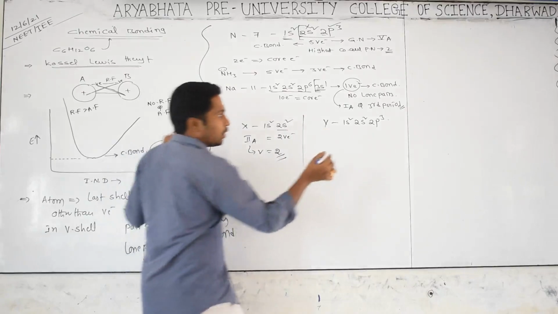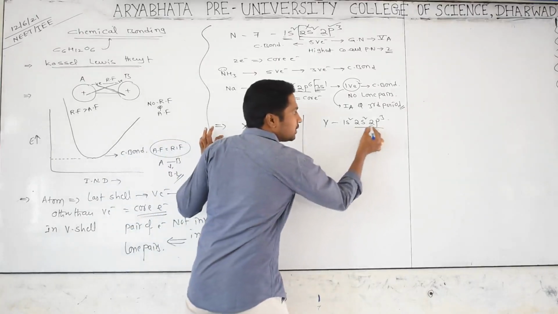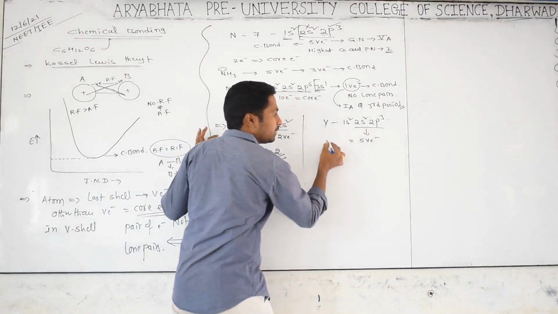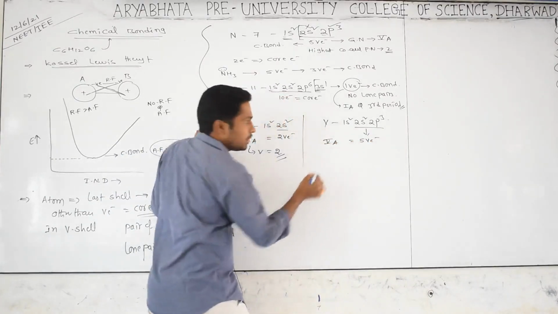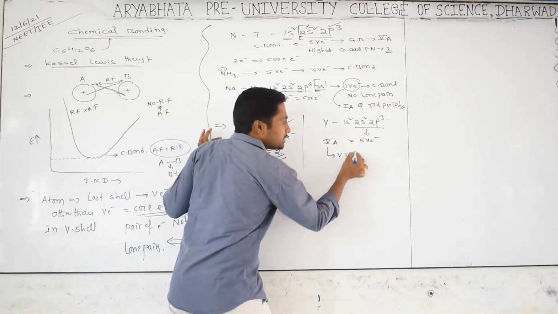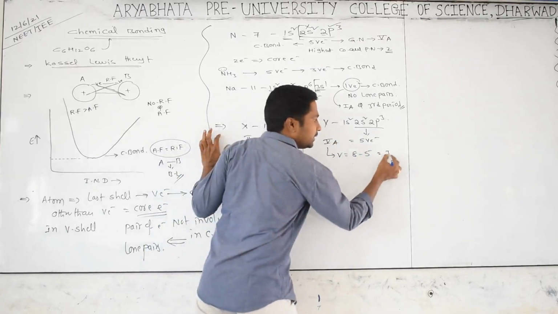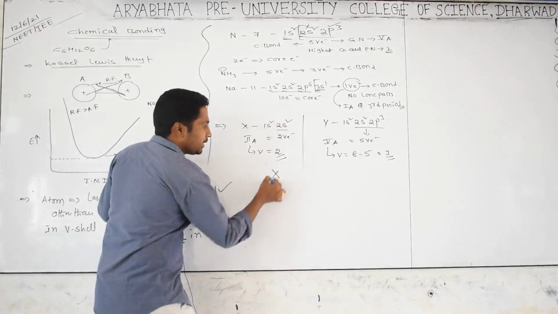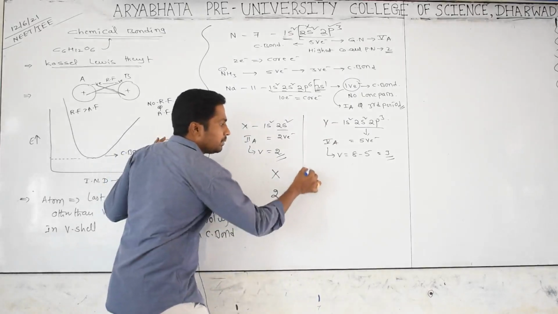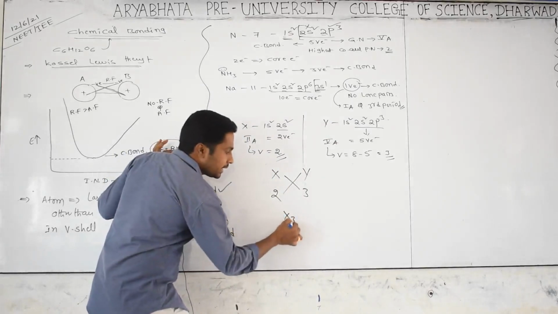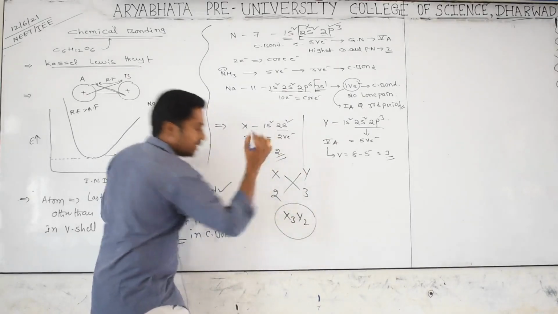Now for Y, the last shell has 5 valence electrons, nothing but a fifth A group element. For a fifth A group element, valency is 8 minus the group number, 8 minus 5, which is 3. Write down. X valency will be 2, Y valency will be 3, then do the cross. Then what are we getting? X3Y2 is the formula.